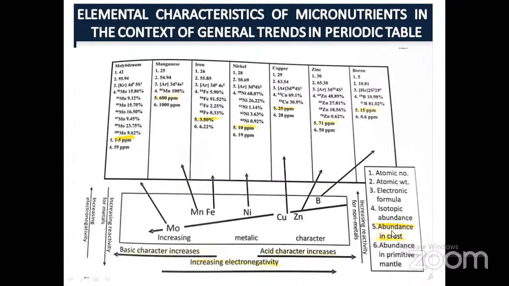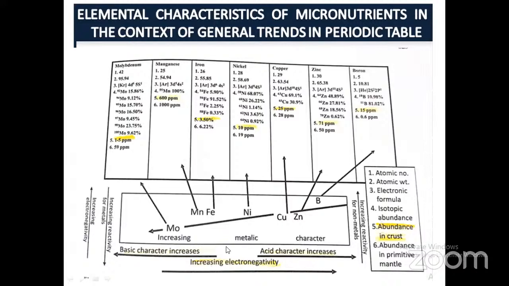You must have read in the pedology section that molybdenum in the earth crust is around 1 to 5 ppm, manganese 600 ppm, iron 3.5%, nickel 10 ppm, copper 25 ppm, zinc 71, and boron 15 ppm. At least remember these atomic numbers and abundances.